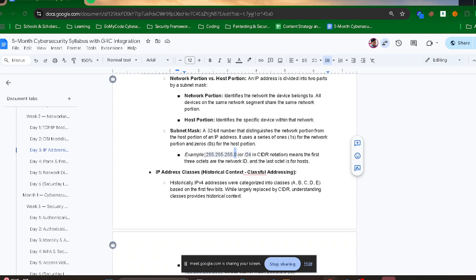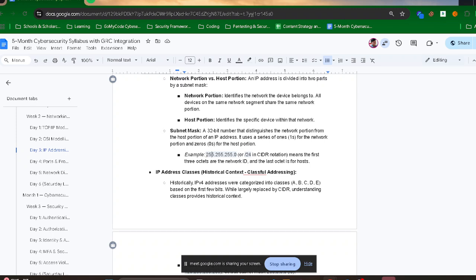If you change this 255 to binary, I don't know, if you go back to your secondary school, no, you don't do binary in secondary school, you go back to your early 100 level days, I don't know if you did maths.